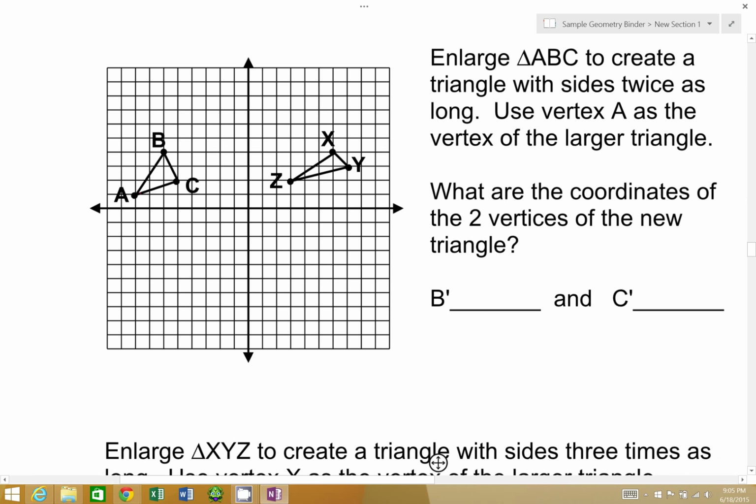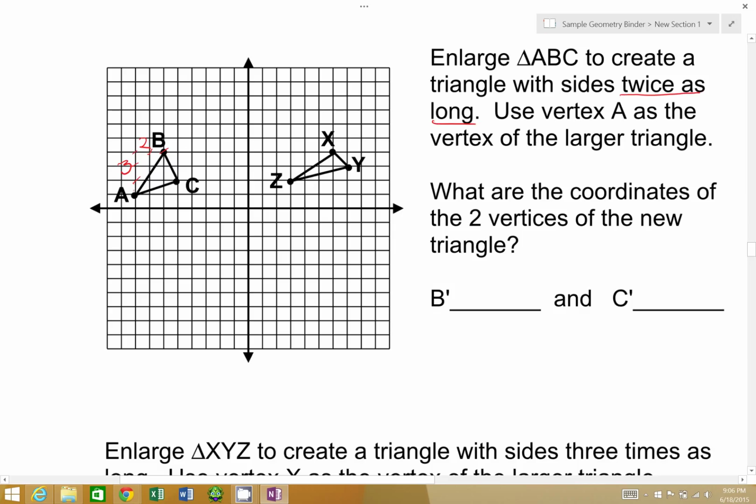I'm going from A to C, or let's go from A to B. I go 1, 2, 3, and 2. So I go up 3 and over 2. So now, to go up 3 and over 2 from there, instead, because it wants me to go twice as long, I'm going to double it.